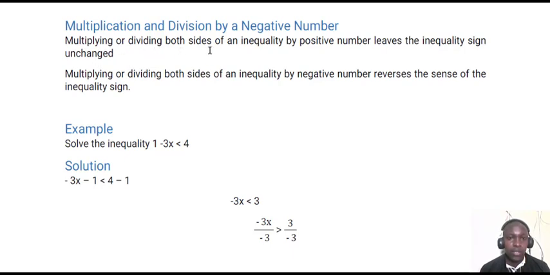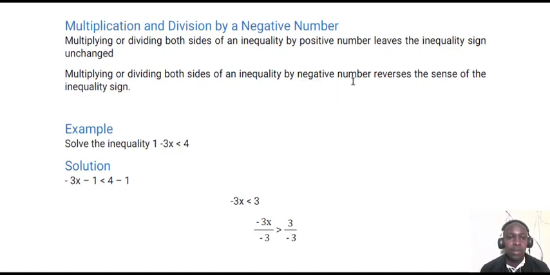Multiplying or dividing both sides of an inequality by a negative number, this is where I want to put emphasis, reverses the sense of the inequality sign. In simple terms, when you multiply both sides of an inequality by a negative number, it reverses the inequality sign.